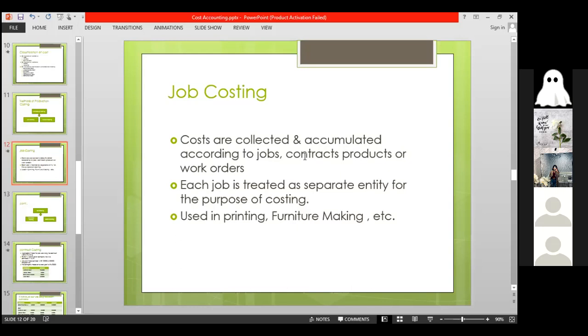Since they are built separately, they have their different people working on them. And since you're building one product at a time from floor to top, it becomes necessary to calculate the cost of each product separately. Then this is used normally in printing, furniture making, etc. Okay, furniture nowadays is on a production line.